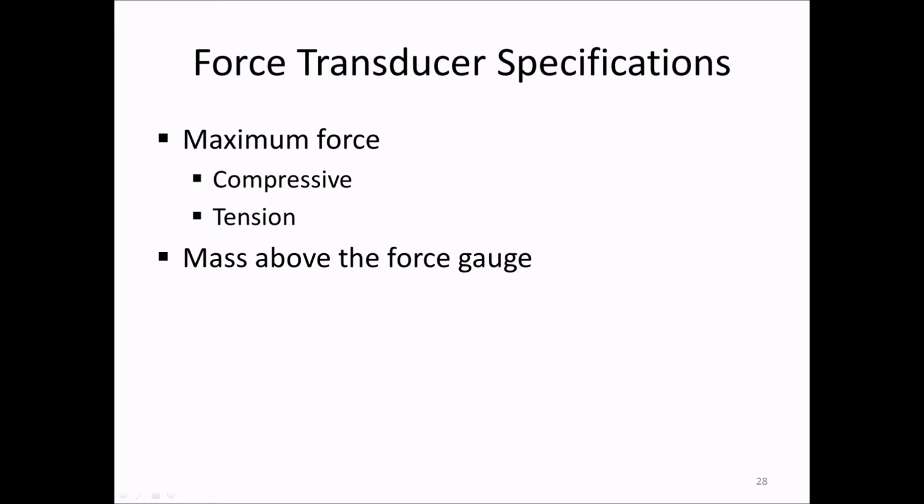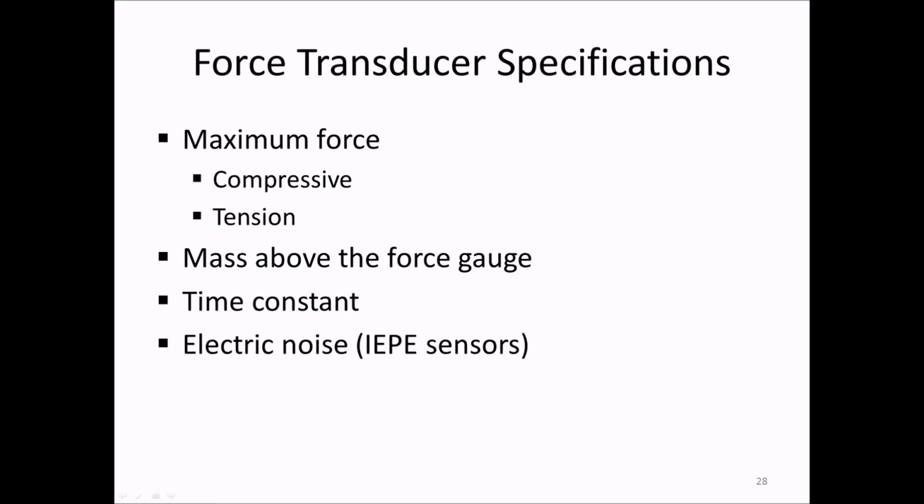Next, the mass above the force gauge is important since it's added to the structure and should be as light as possible. The time constant is, as said earlier, usually long, and it's not very important from a measurement point of view. And finally, the electric noise for IEPE force sensors may be an important specification to get as good dynamic range as possible.